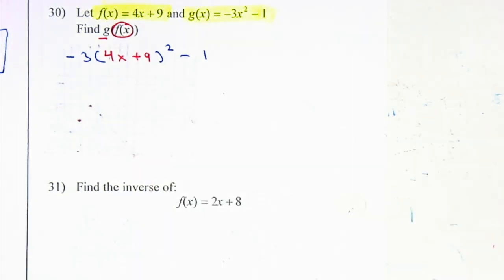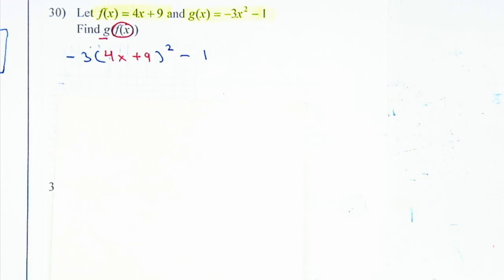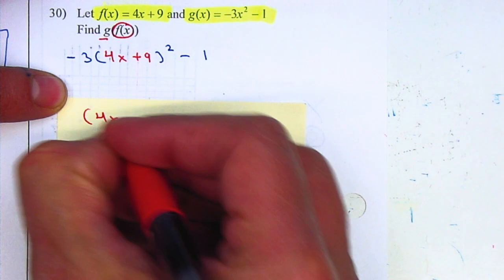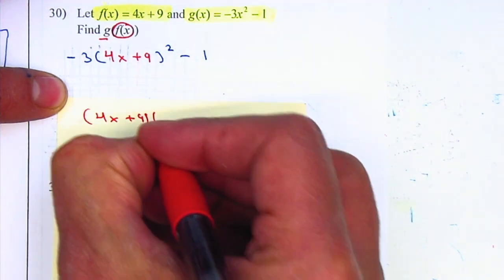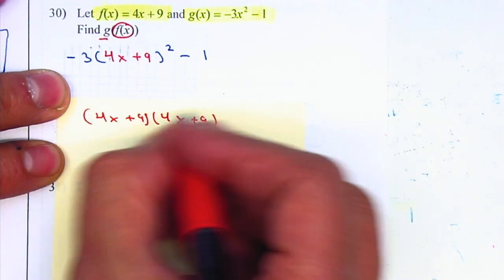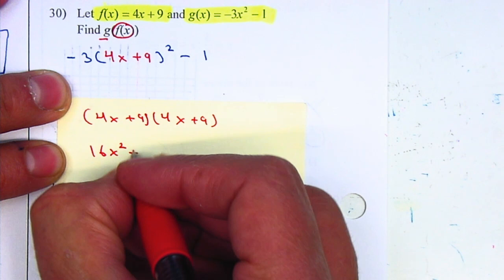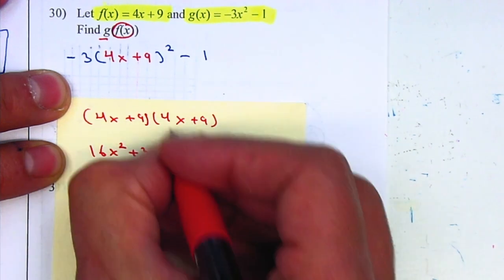Now remember what I mentioned before. If you want to do it on the side, I'm going to do a little post-it note to make it just a bit easier. Just multiplying 4x plus 9 squared, excuse me. 4x plus 9, 4x plus 9. Multiply the 4x times both, gives me 16x squared plus 36x.